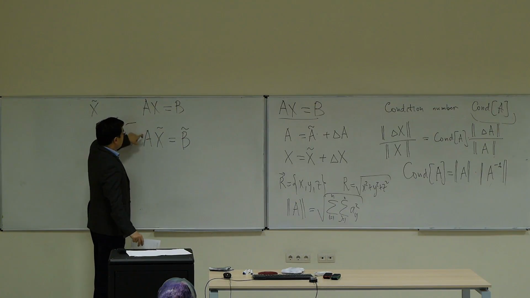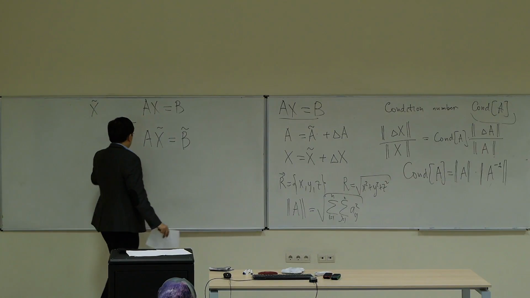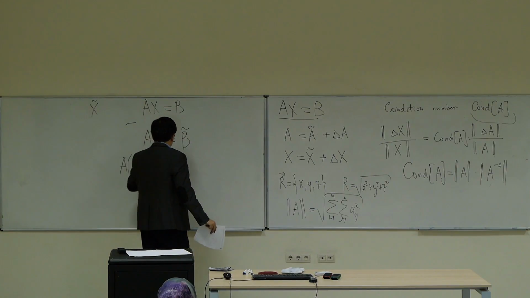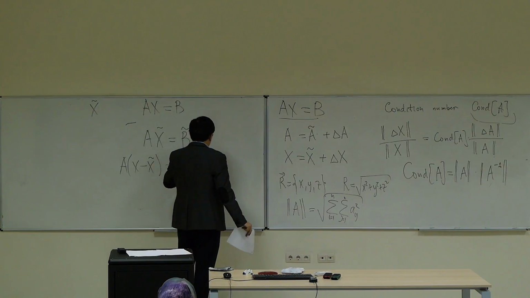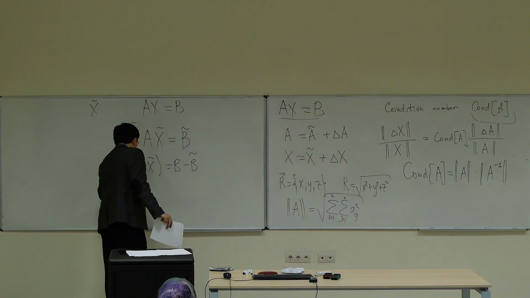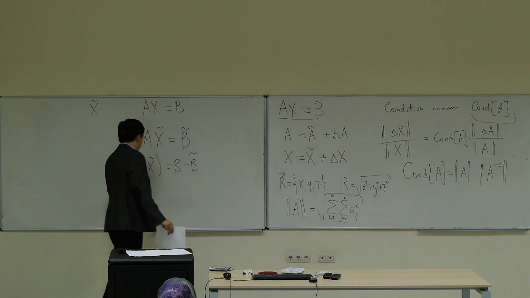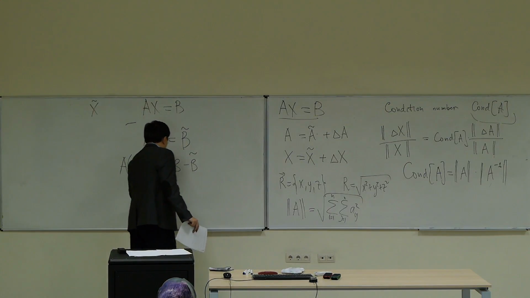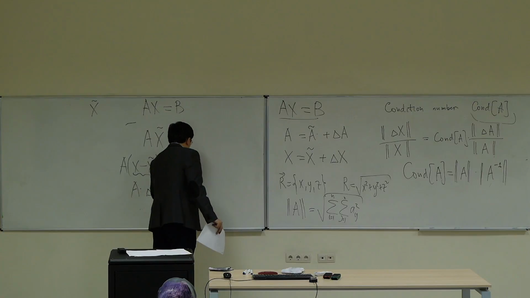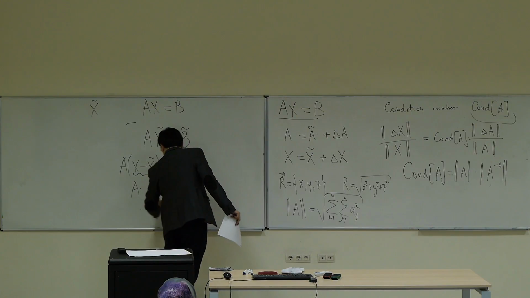Okay, let me subtract this from that. And I get x minus x tilde is equal to b minus b tilde. So A multiplied by delta x, so this is delta x, right, is equal to b minus b tilde.